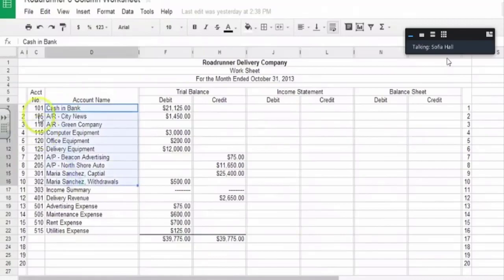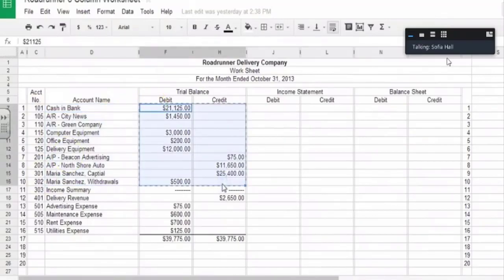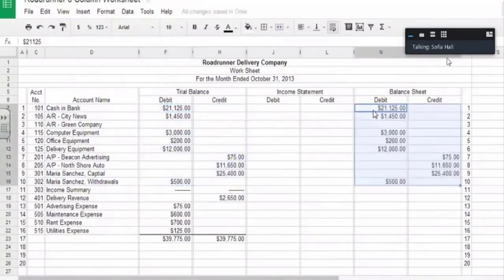So we have everything from the 100s to the 200s to the 300s, okay? And basically, all we're going to do is copy the debit and the credit column from that section, and paste it over on the balance sheet, okay? So we are only going to look at our permanent accounts, our asset accounts, our liability accounts, and our owner's equity, okay? And our owner's equity does include withdrawals.